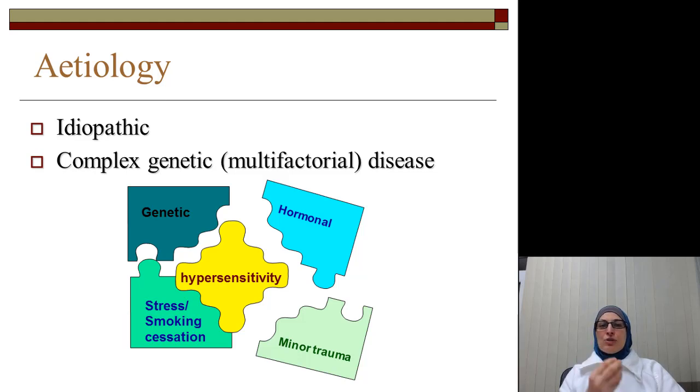But the tissues are so sensitive that with any stretching or any touching of the oral mucosa, they tend to develop an inflammation and develop the ulcer. So it is a multifactorial disease with several underlying causes that are put together to make this patient more susceptible to develop the condition.